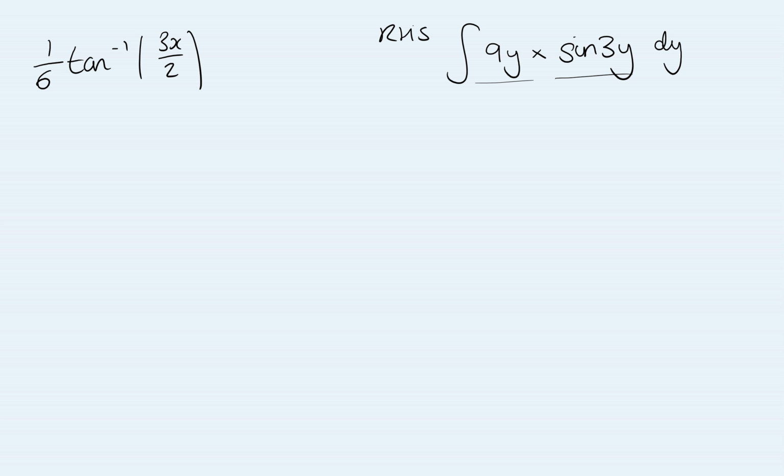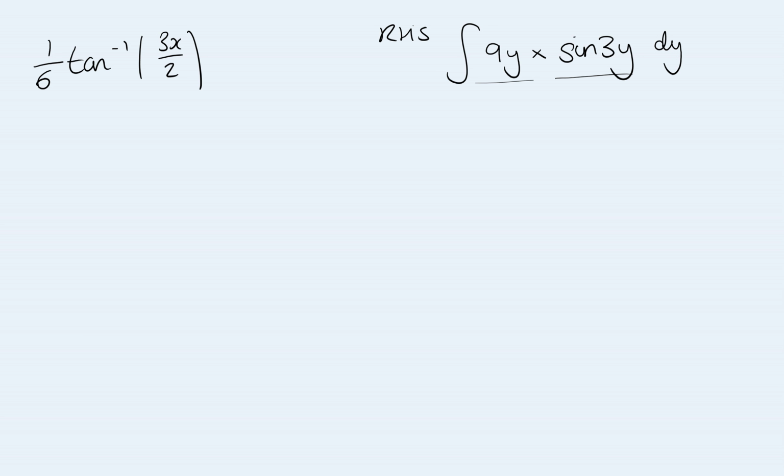And that constant's really important, because we want to find our final solution without the constant. So we're going to substitute in the limits that we've been given. Okay, so x is equal to 0 and y is equal to pi over 3.